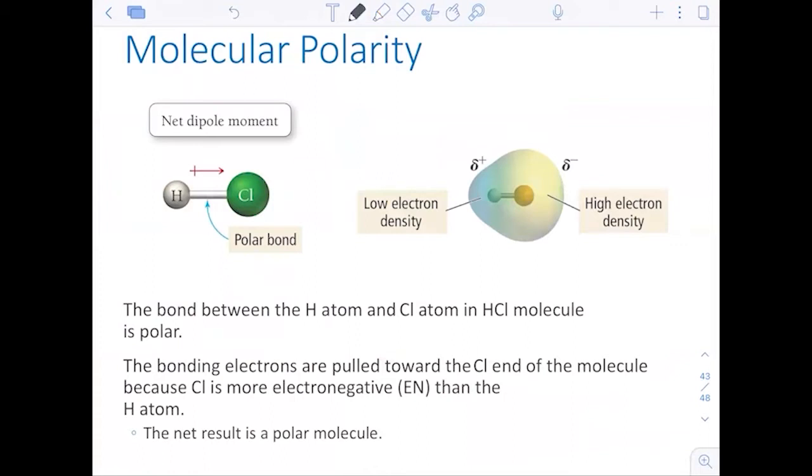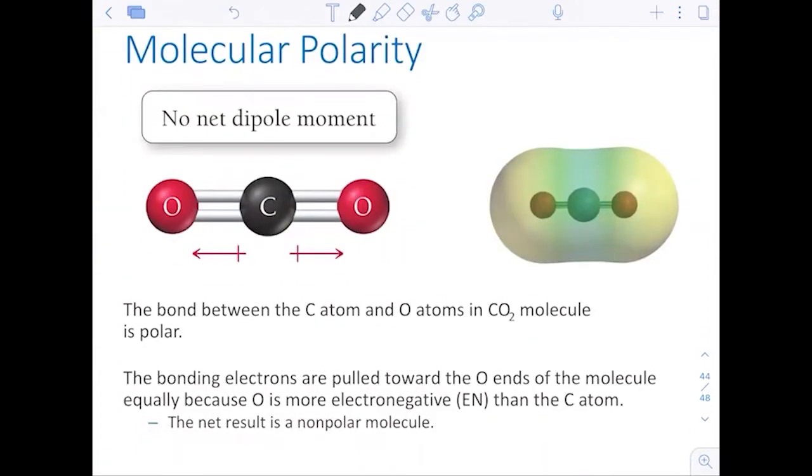These binary molecules between just two atoms are a good representation of asymmetry. Hydrogen and chlorine. Chlorine is the delta minus, hydrogen is the delta plus. We have a polar molecule. Another example of a little bit bigger molecule that had a polar bond but is symmetrical is carbon dioxide.